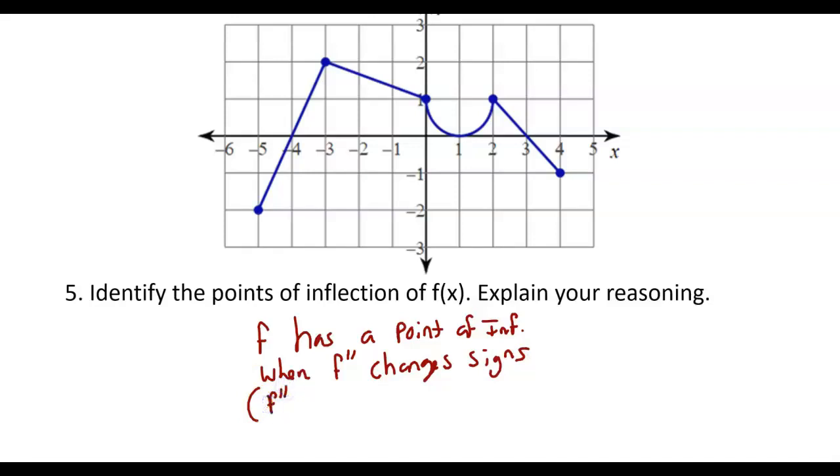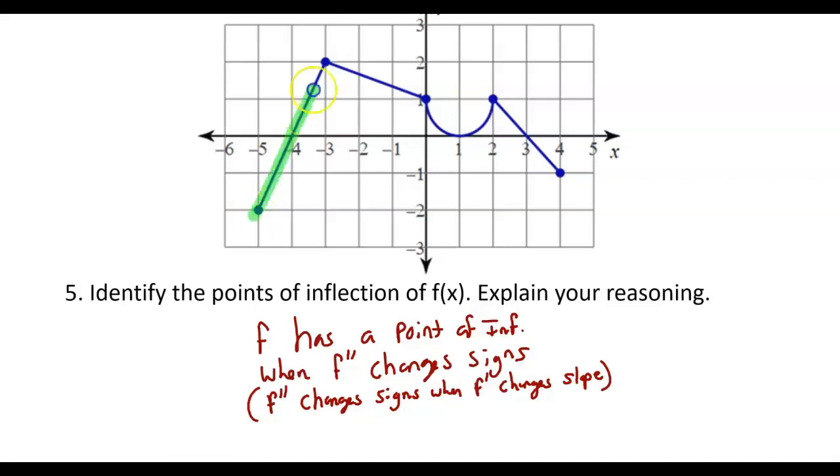F double prime, which is the slope of this graph up here, the slope of f prime, changes signs when f prime, my graph, changes its slope. So anytime we're going from a positive slope to a negative slope, or from a negative slope to a positive slope, that point at which that switch occurs is a place where I would have a point of inflection for f.